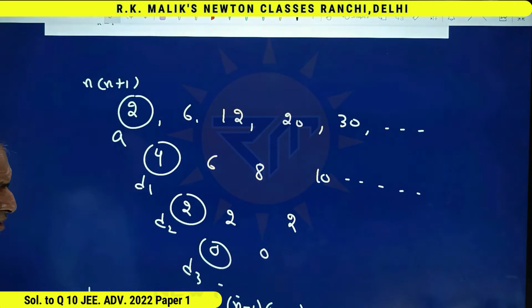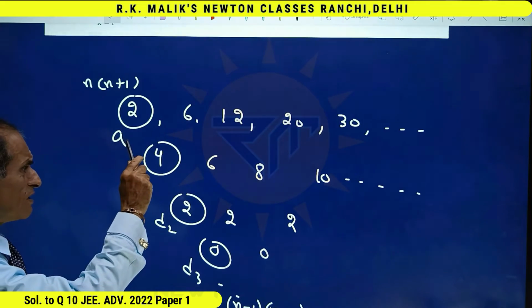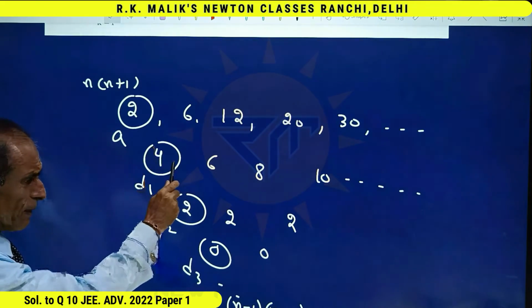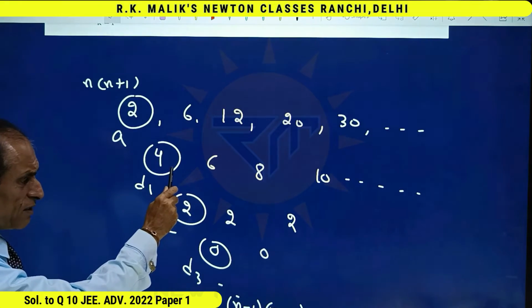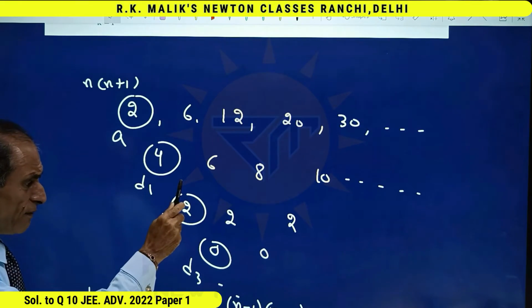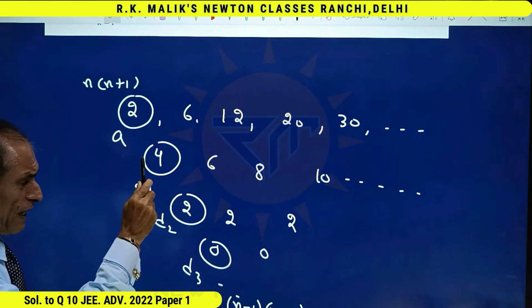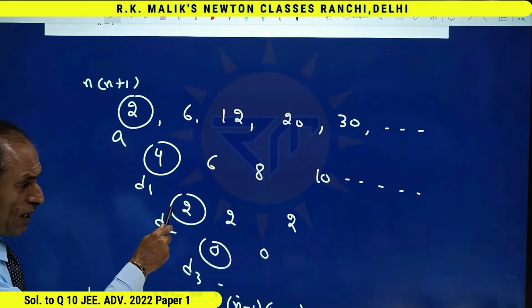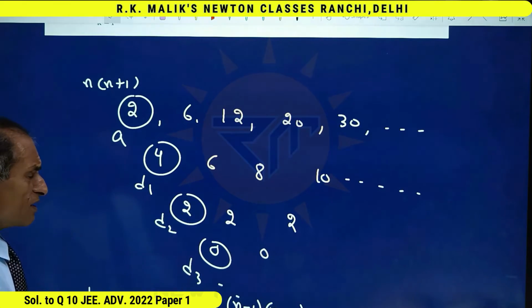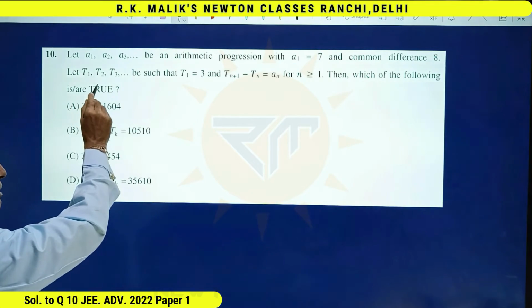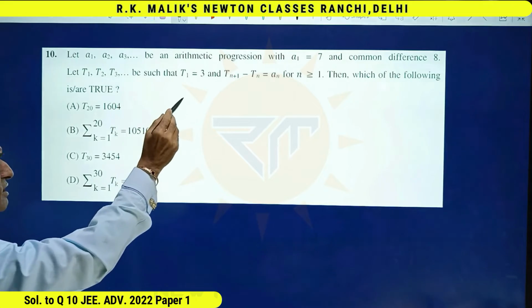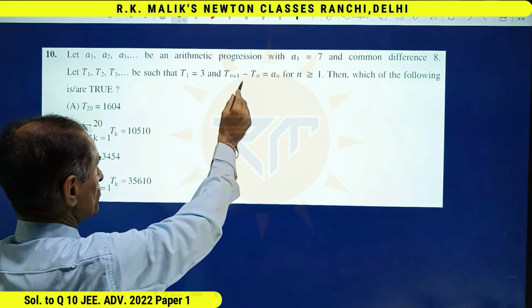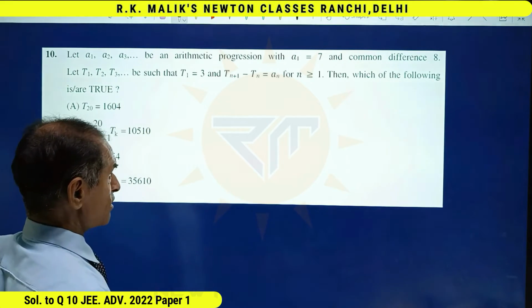And because I am going to use this concept, I am telling you once again that if I get AP in the first step, then nth term is going to be of second degree. If I get AP in the second step, the nth term will be of third degree, and so on. And in this question, T1, T2, T3 are forming a sequence such that Tn plus 1 minus Tn is An.